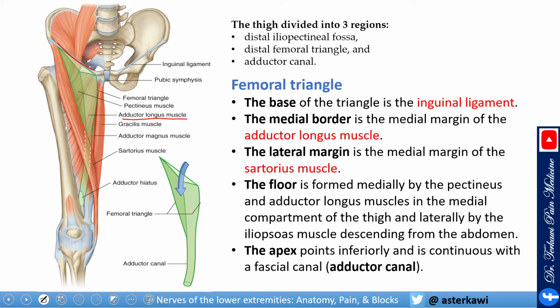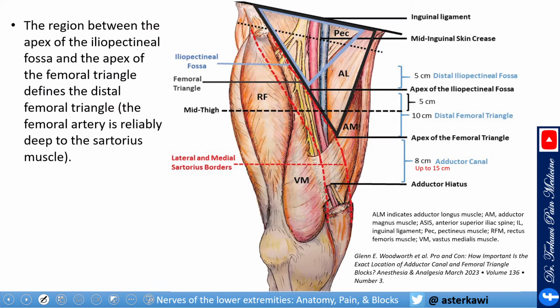The apex points inferiorly and is continuous with a fascial canal, which is the adductor canal.